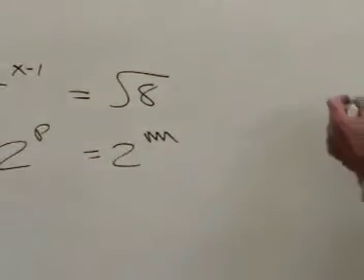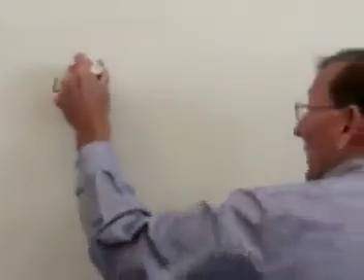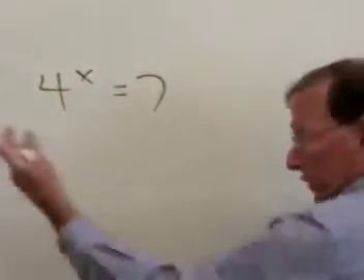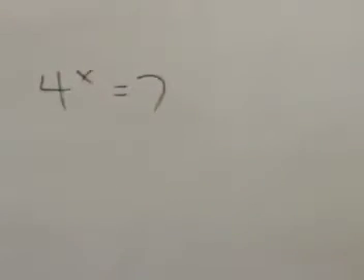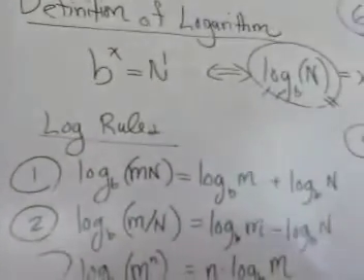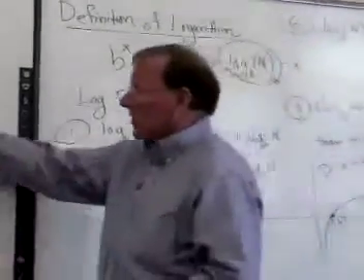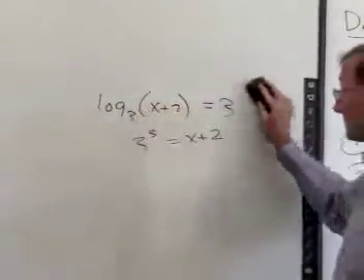When we tried to solve a problem like 4 to the x equals 7, I couldn't do it that way. I had to come up with a definition of logarithms. Once we define logarithms, we understand their rules, we understand their graphs, and we can solve log equations.